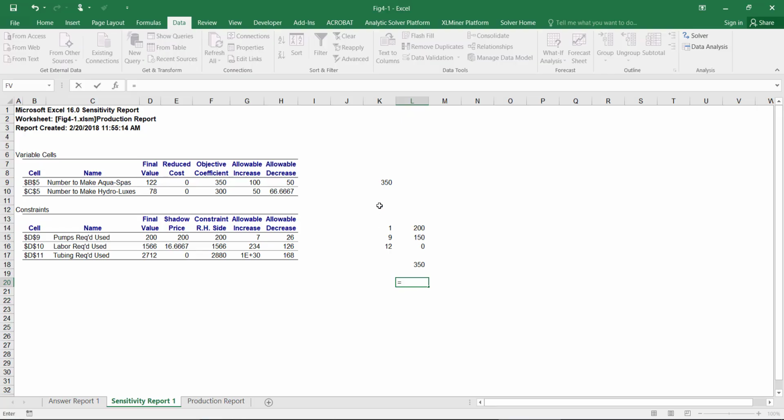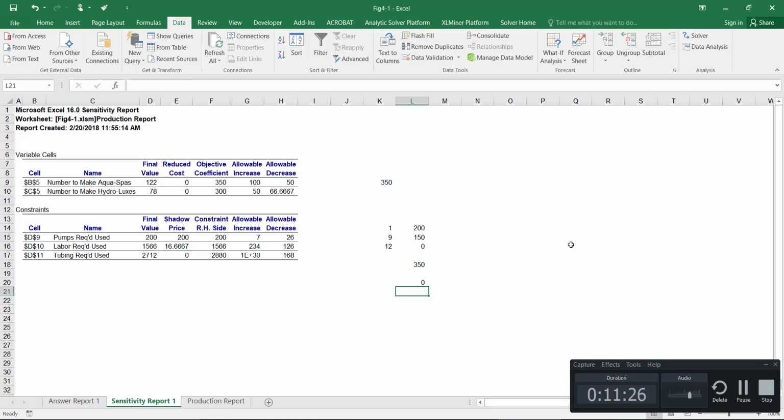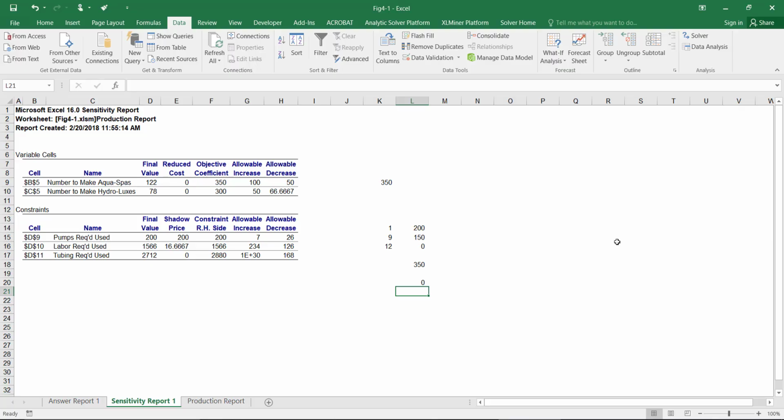And then if we take the difference of the objective coefficient minus this value, we get 0. So essentially it means that the difference between the profit that this product makes and the materials that this product uses is 0.